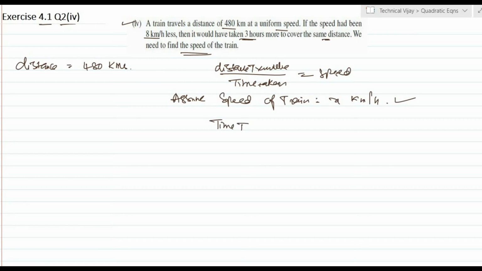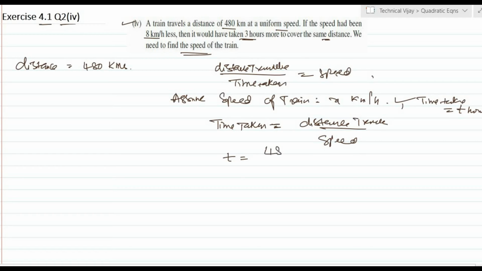Time taken in a usual manner is equal to distance traveled divided by the speed. The same equation I have written. Let the time taken be t hours. So now here t is equal to how much distance, this is 480 kilometers he has given. Speed we have assumed x. This is first equation.